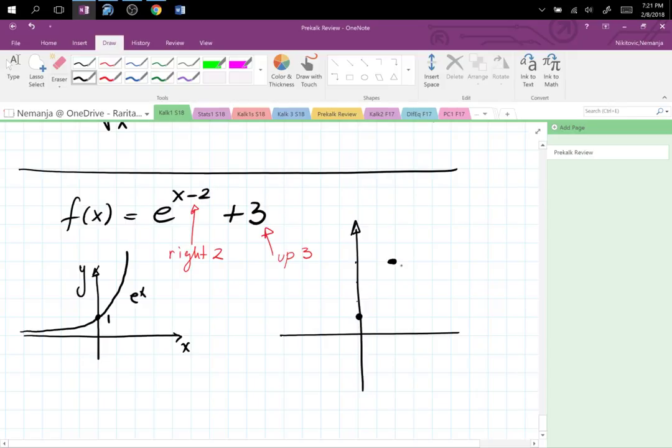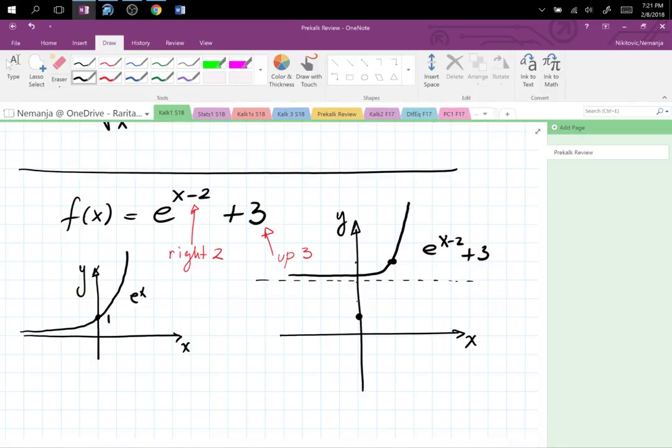And when you lift this point 3 units up, the horizontal asymptote that was there at the x-axis is going to go up. So this is the exponential function e to the x minus 2 plus 3. It's shifted right, it's shifted up. You label this point here as 2, 4.